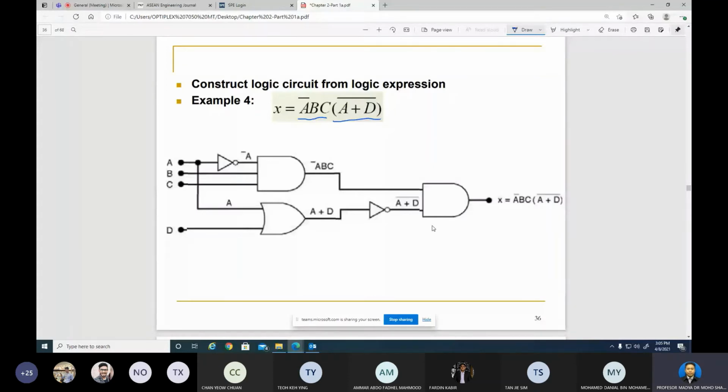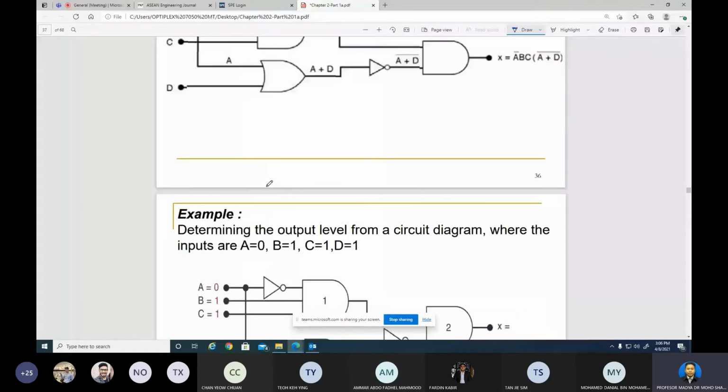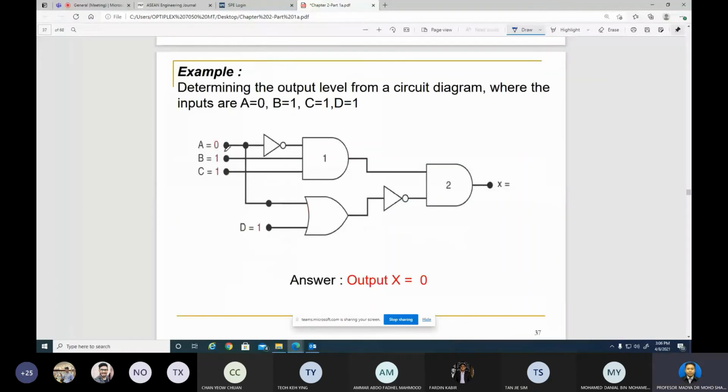But if you have the logic expression and want to draw the circuit, I start from the input to the output. Okay, so this is some example. If you give the value, value for A is 0, B is 1, C is 1.